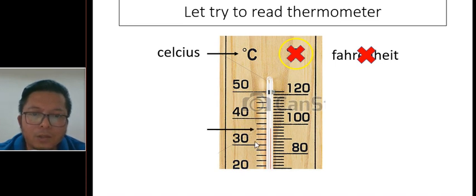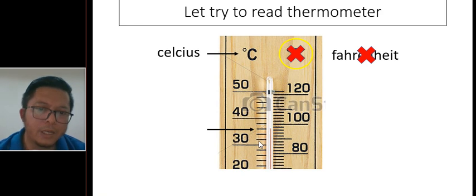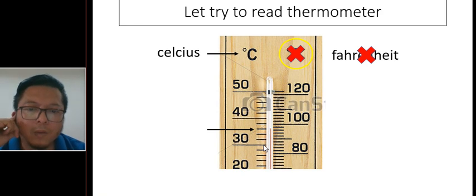So, how do you read this? It's like a ruler. Is it 30, 31, 32, 33, 34, 40? Is that correct? No. Some would have 10 lines here. Some, not all. Some thermometers have 10 lines. Now this one has 5 lines.